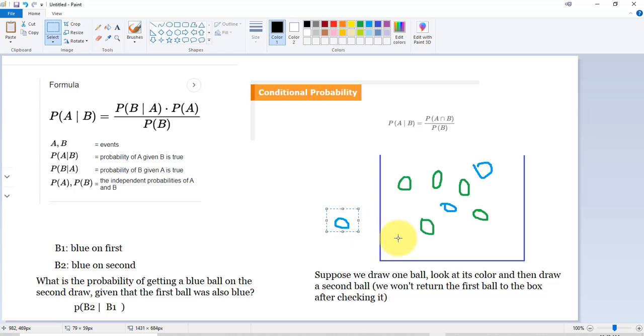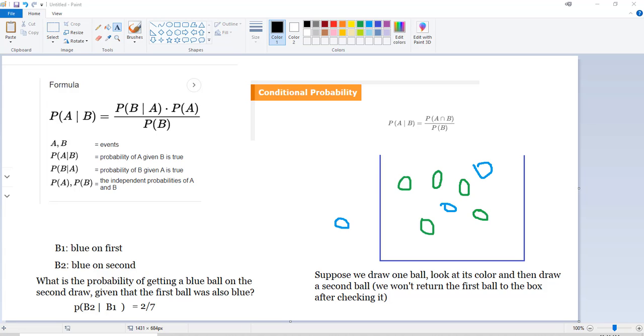Okay, I'll take it out. Now we got a blue on the first, and we took it out. Now what's the probability that we get blue on the second? Well, there are 5 green and 2 blue, so it's 2 out of 7. There are 7 balls altogether. So the answer is just 2/7. That's once we take the blue out, what's the probability that we get a blue again? Just 2 out of the 7. Okay, so that's very easy to answer.